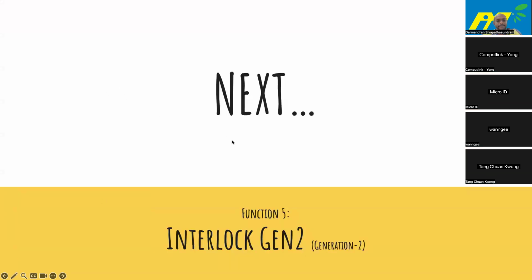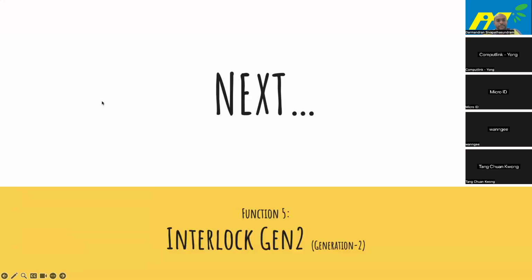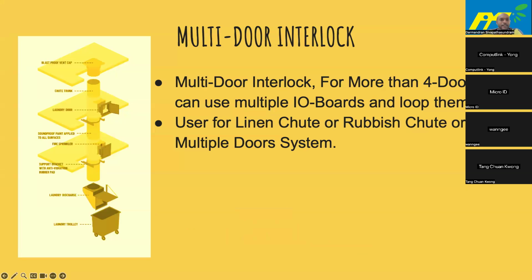Interlock Gen 2. The demand for interlock. All right, guys. So this is the most complex interlocking system. Actually, interlock is very straightforward, so that's why we don't need to talk about it too much. We are nearly coming to the end of the session.